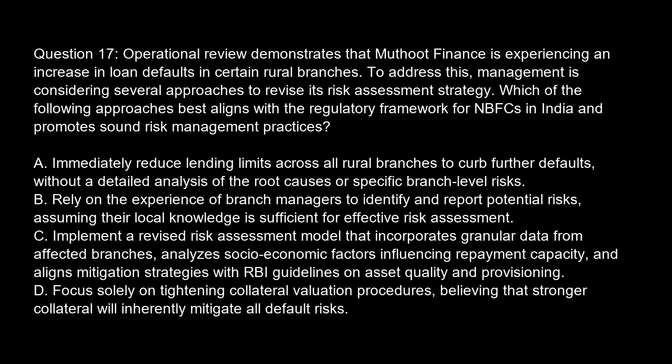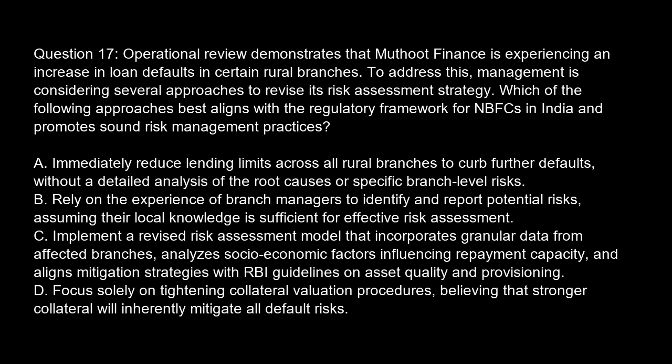Option A. Immediately reduce lending limits across all rural branches to curb further defaults without a detailed analysis of the root causes or specific branch-level risks. Option B. Rely on the experience of branch managers to identify and report potential risks, assuming their local knowledge is sufficient for effective risk assessment.